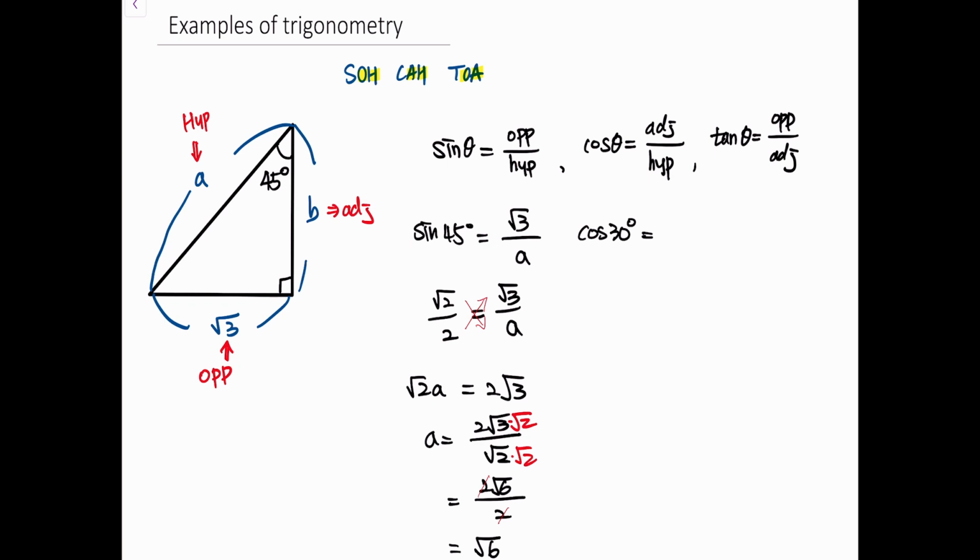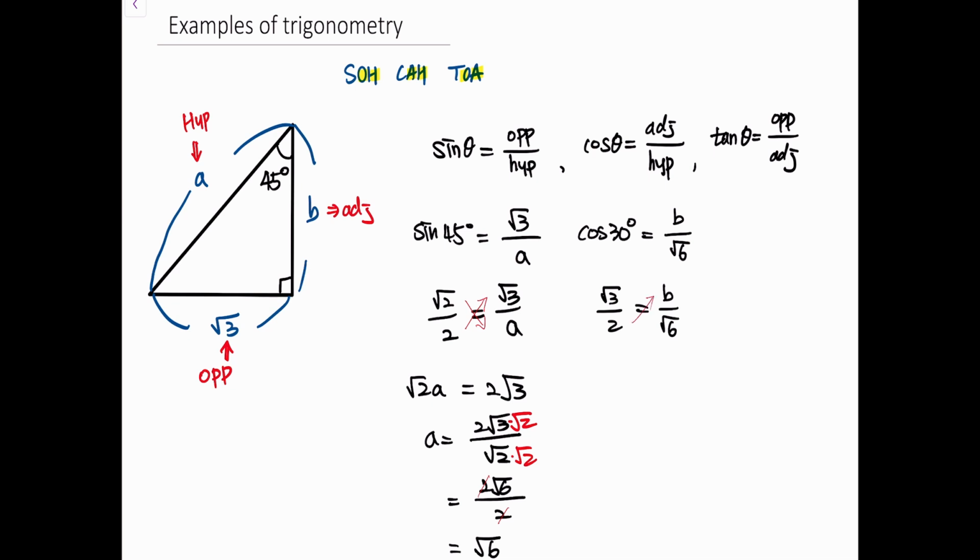So the hypotenuse value that we calculated is rad 6. That is B over rad 6. Cosine 30 is rad 3 over 2. So we can say rad 3 over 2 is B over rad 6.